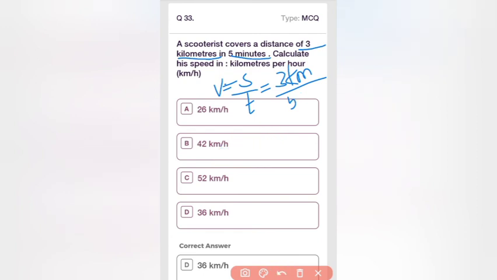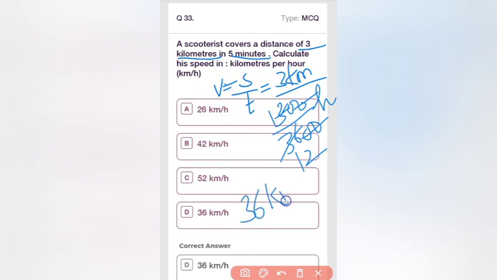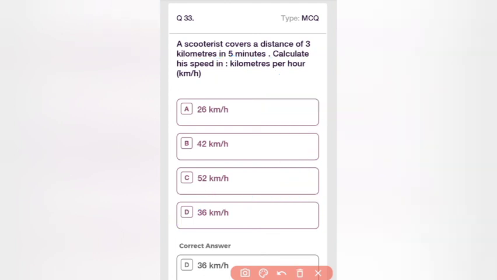So here anyhow it's going to be 300, because 5 into 60 is 300. 300 divided by 3600 hour. So it is 12. So when this 1 divided by 12, it goes to numerator. 12 goes to numerator. So therefore it is 36 km per hour. So option D is the correct answer.